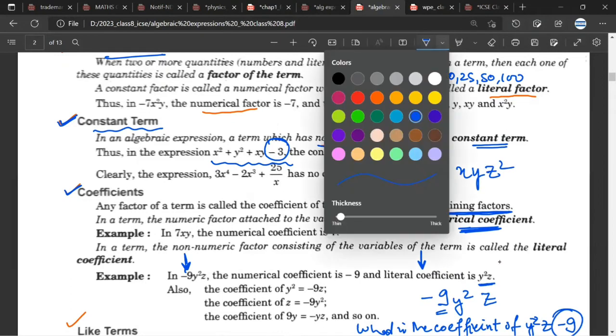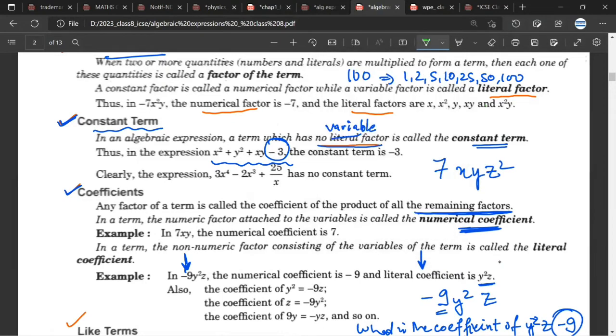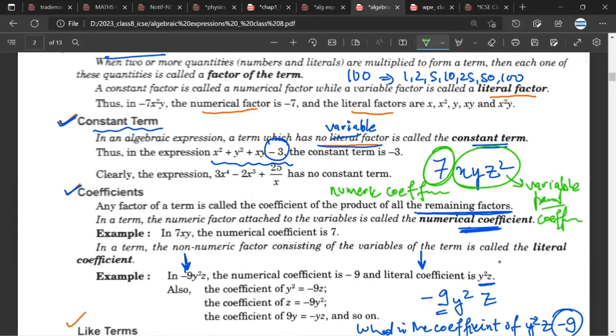Now very simply, this 7 is called the numeric coefficient, and this xyz square would be the variable part or variable coefficient. Are we clear here? Okay, nice.